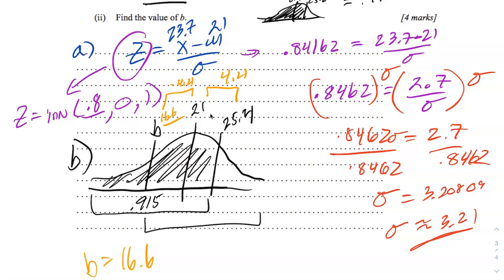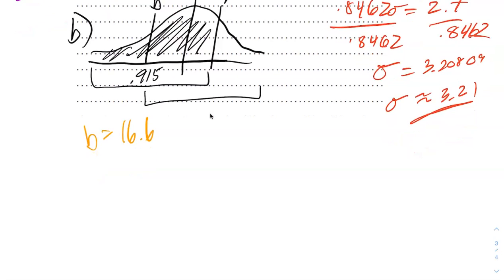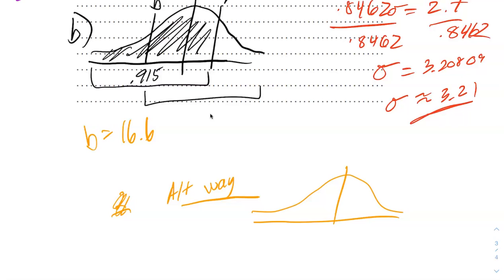If you want to do another way, there's the alternate way. If I draw this curve, where this is 21, I have some B here where the probability of getting greater than B is 0.915. We just figured that out.